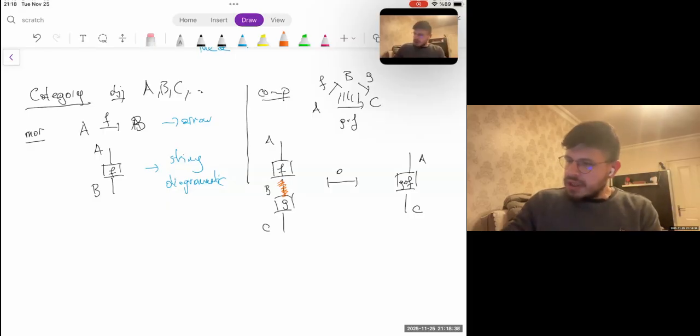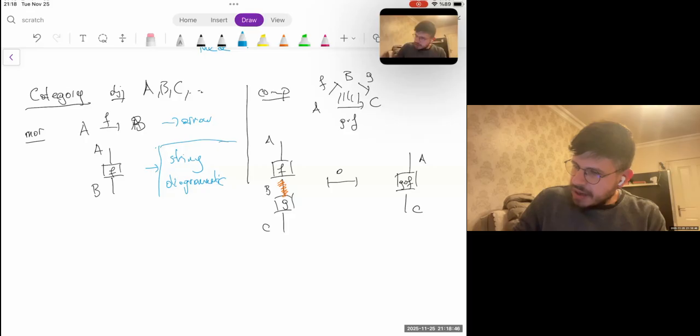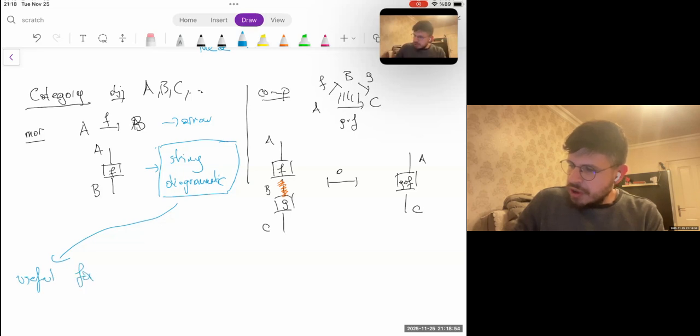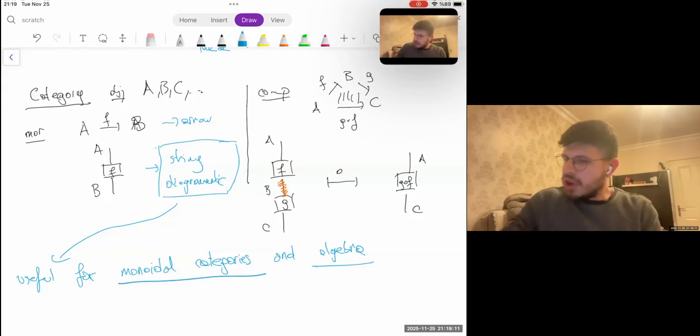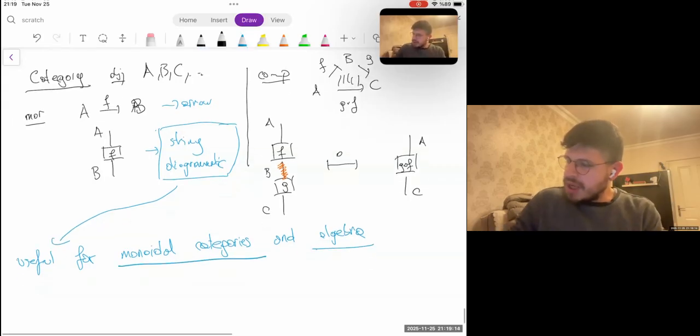This string diagrammatic idea is particularly useful for monoidal categories and algebra. Let me briefly say what I mean by this.